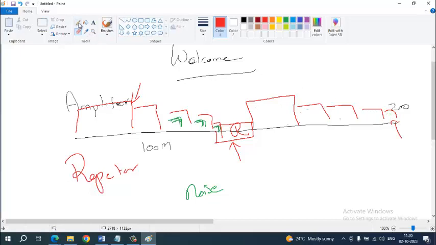So the repeater was smarter, but again there's a problem. So we don't use a repeater. Why? Because the repeaters are very small, they cannot support more than two devices. The number of ports in a repeater is only two, because they cannot handle more than two devices' traffic.